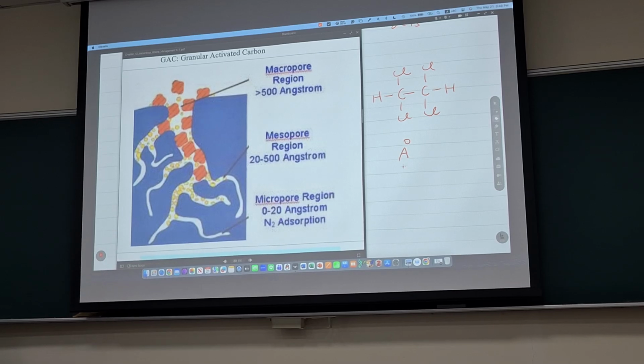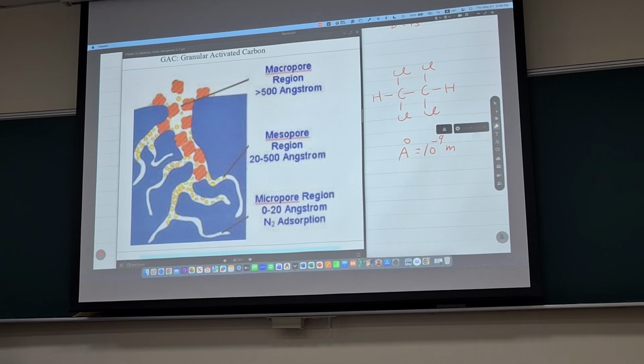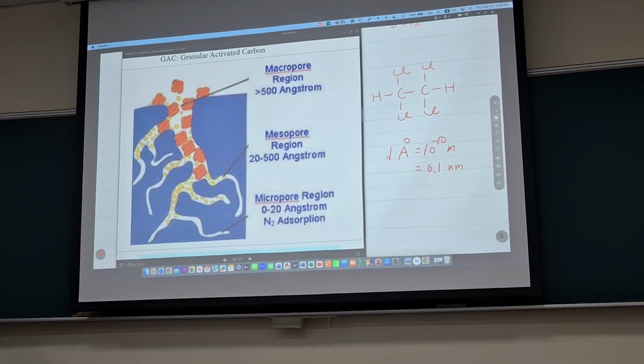The symbol for angstrom is like this. 1 angstrom equals 10 to the power of minus 10 meters, which means this equals 0.1 nanometers.